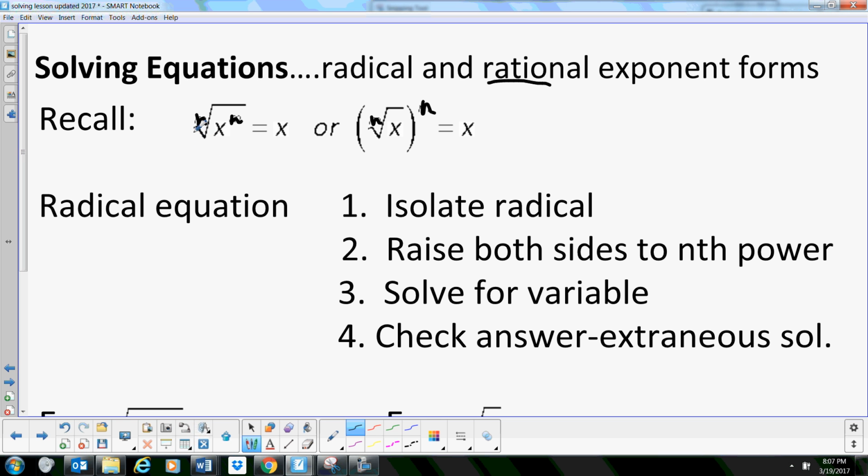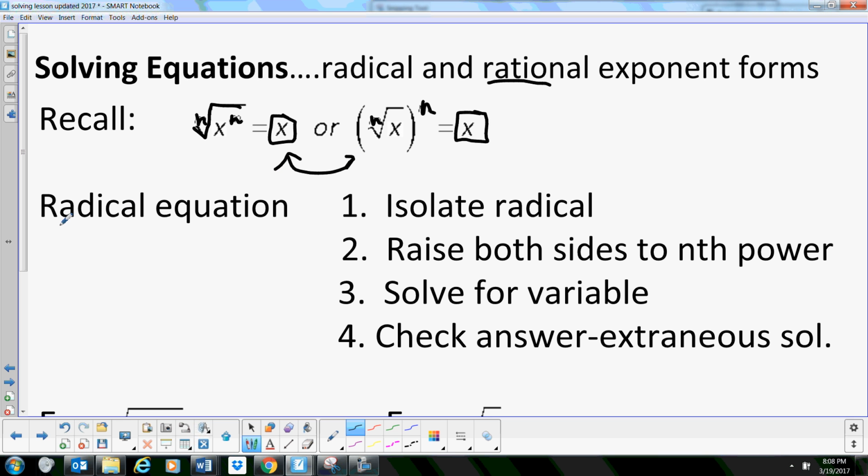When you have the nth root of x to the n, that just equals x. Or you can also write that n on the outside of the radical. So it can be the nth root of x all raised to the nth power, and we know that those just cancel out and you end up with x. So in either form, those two are equivalent to each other.